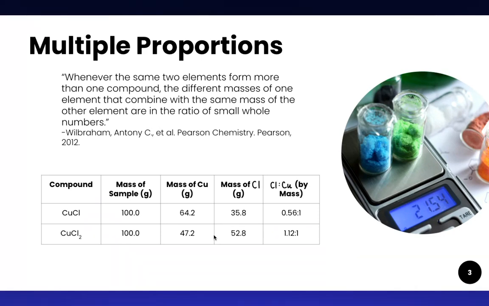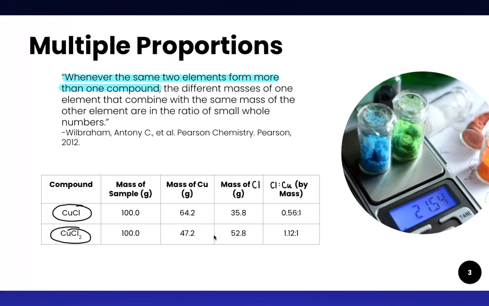The first part of the definition says, whenever the same 2 elements form more than one compound. So our example we're going to look into is copper 1 chloride and copper 2 chloride. Both of these compounds are only made out of copper and chlorine. So that is an example of when 2 elements form more than one compound.